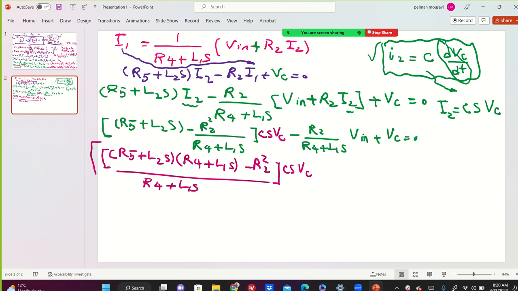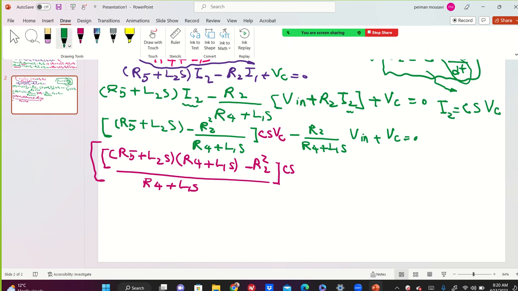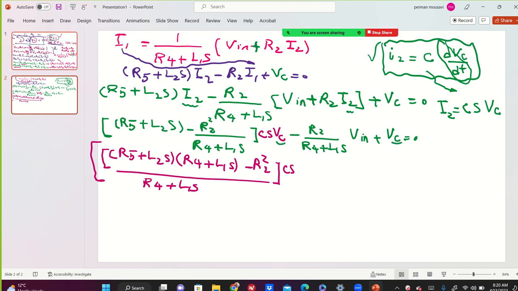But here, because you have VC, I'm factoring out. But here you have two VCs. Where is that? You have two VCs. Here you have plus 1, okay, VC, and I'm moving this to the other side. You're going to have R2 in R4 plus L1S Vin.